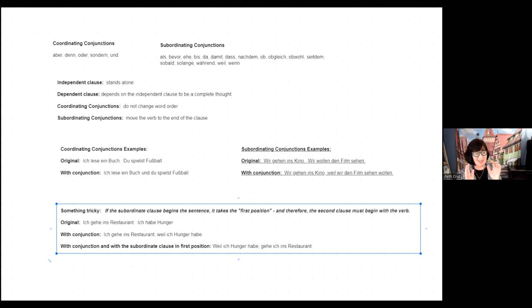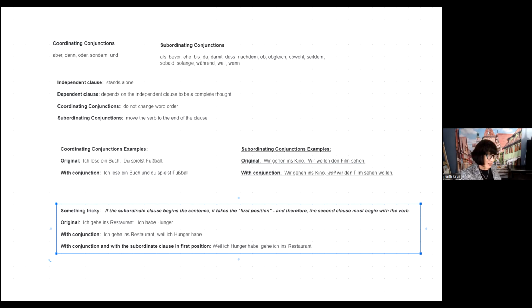Well, if I move that dependent clause to the beginning of the sentence, it actually now occupies first position. It is a whole clause, but it is taking up the first position in the sentence. Therefore, the verb says, wait, I need to be second. So the second clause will begin with the verb.